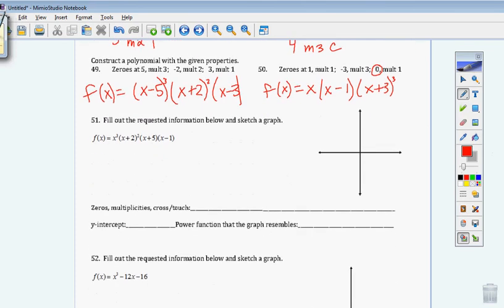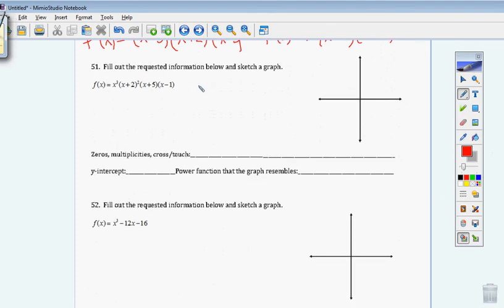Okay, now that we have the basics down and we remember all of that, we're going to talk about how to sketch. Just like before, in the last two problems, we have a zero of 0, multiplicity of 3, and it's going to cross. Then we have a -2, multiplicity of 2, and it's going to touch.